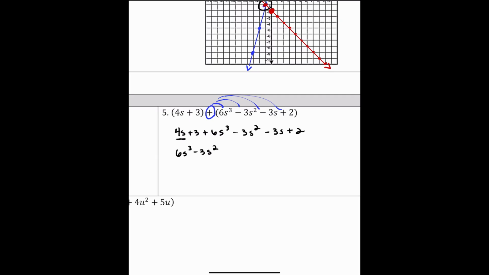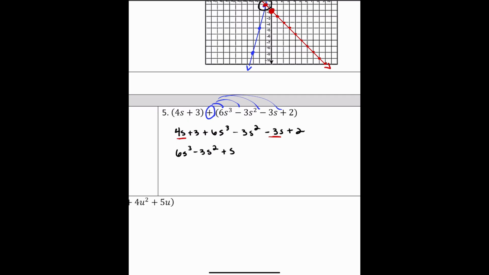What about 4s? Can I combine that with anything else? Well, we have an s, and it is implied that we have an exponent of 1. So this 4s, I can combine with negative 3s. So 4s minus 3s should be 1s, or we can just write s.